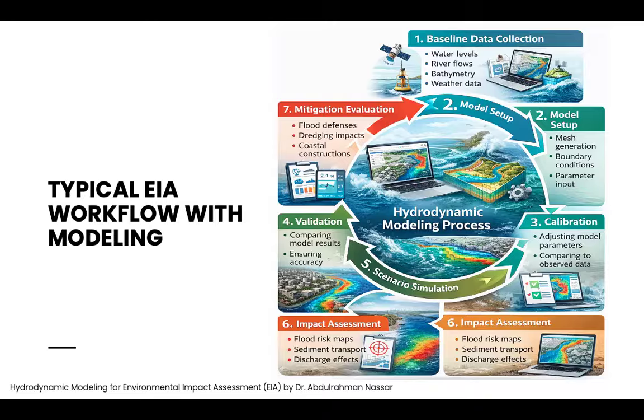So we create a mesh, input our boundary conditions and other parameters, and then we do calibration and validation for the model. Each of these steps takes a lot of time for validating data and calibration, and it has a lot of details. So this could be a big course, several sessions talking about modeling itself as a technical subject.